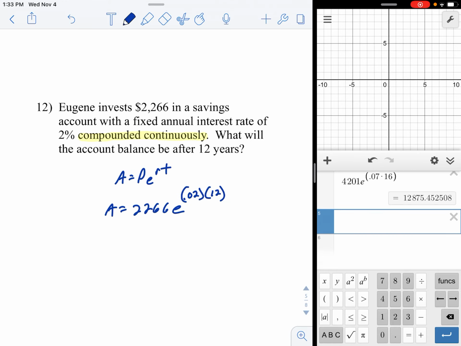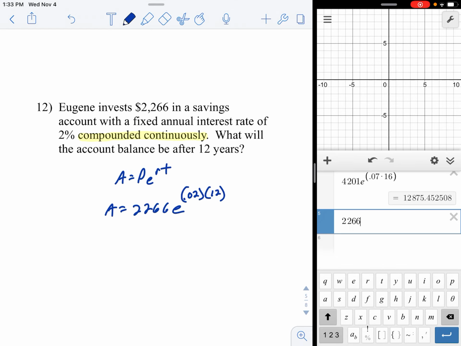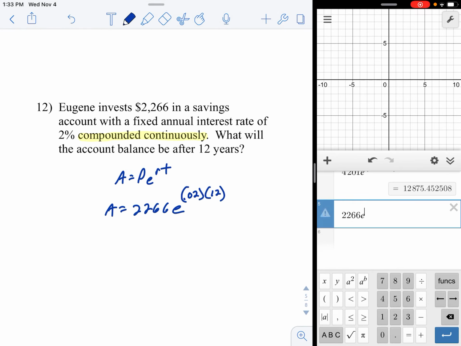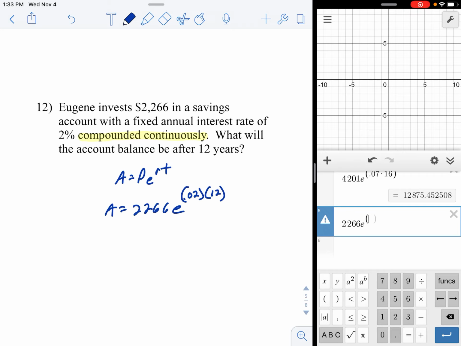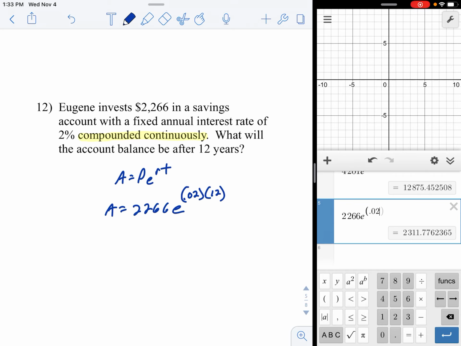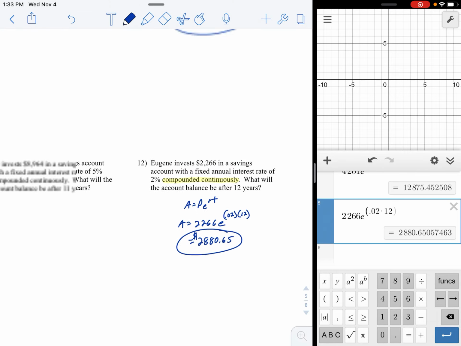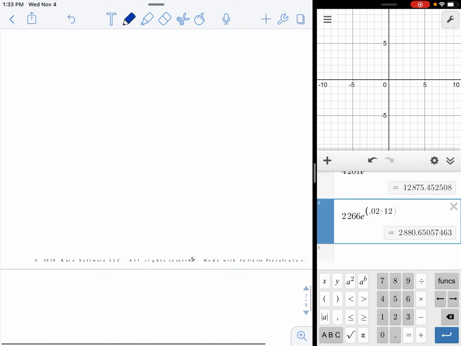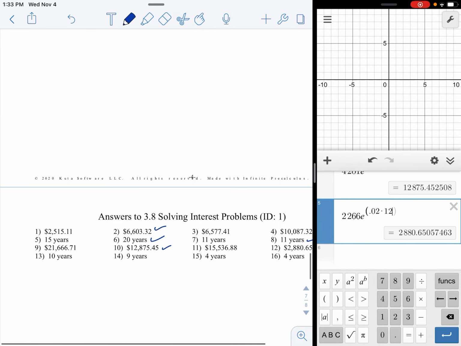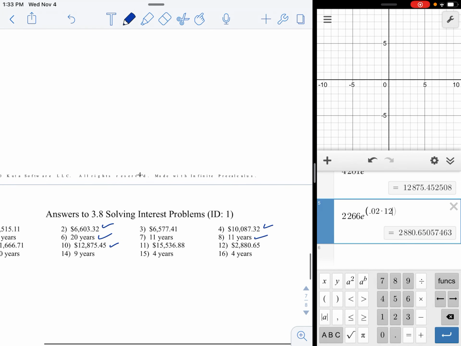Type that into Desmos. 2266 e raised to the 0.02 times 12, $2,880.65. Check number 12. Oops, went too far. There it is.